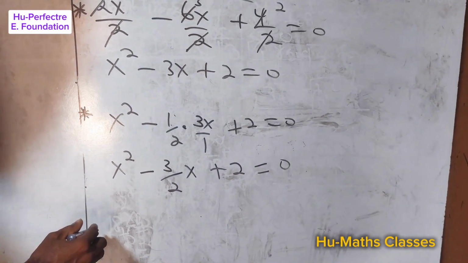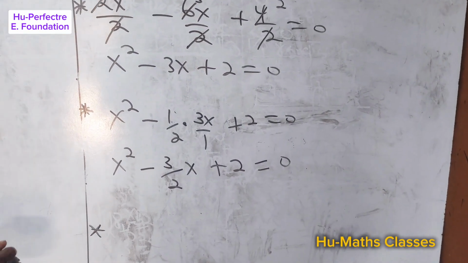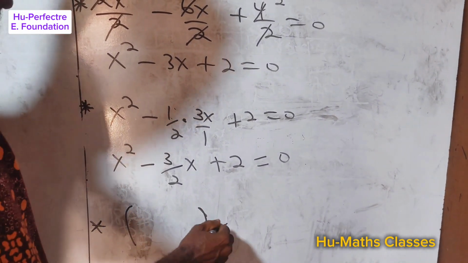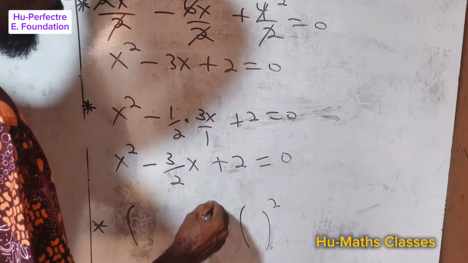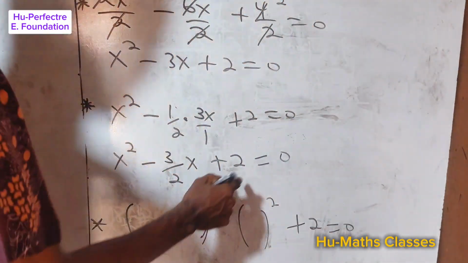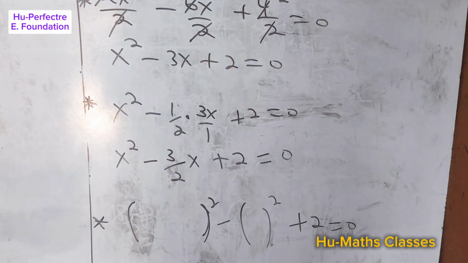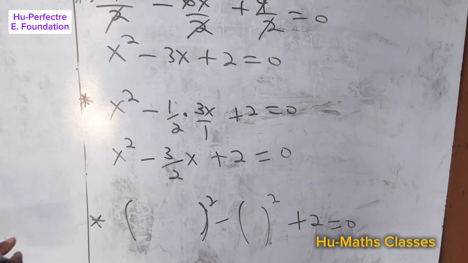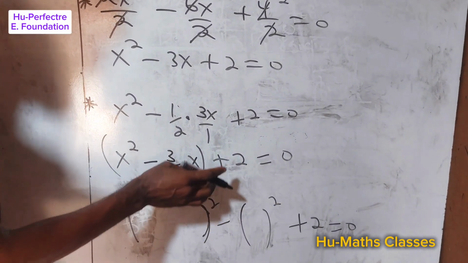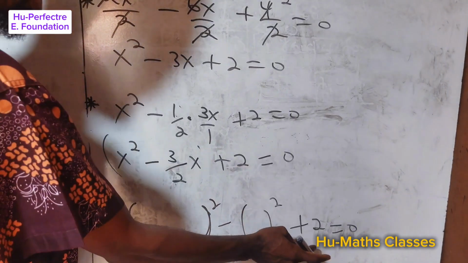The next step I said you should take is to find the difference of two squared brackets, this one minus the other one squared, plus 2 is equal to 0. That is a constant. Now, in the first bracket, remember, we are only going to perfect the squares here, not the constant. So that is why we still have the 2 written down here.